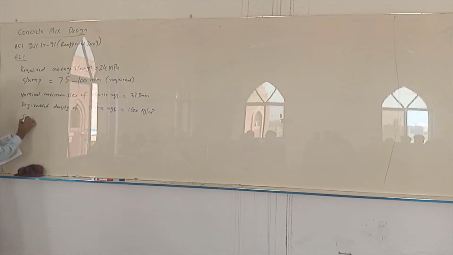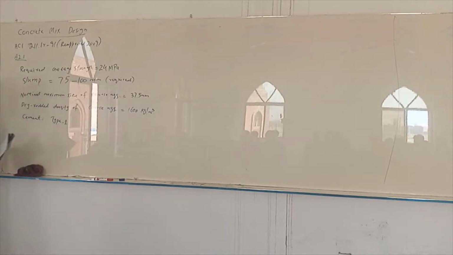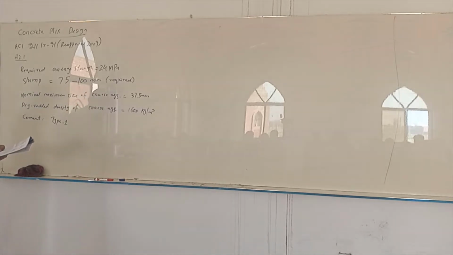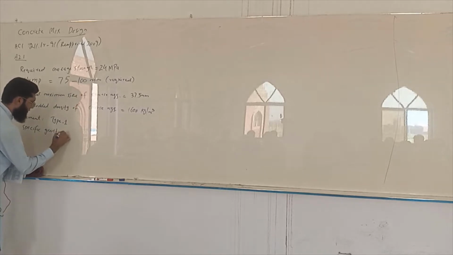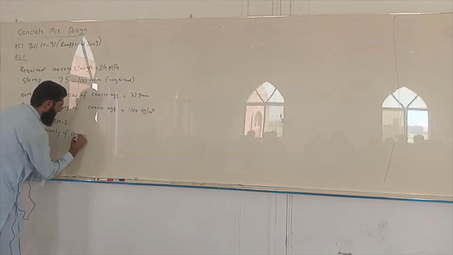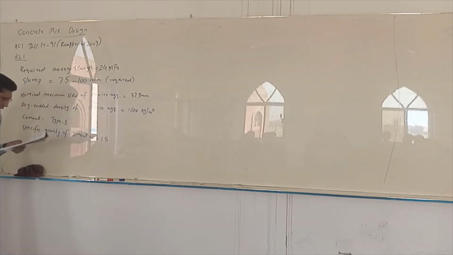So the cement that we're going to use is a type 1 cement, which means it's an ordinary Portland cement, OPC. Specific gravity of the cement is 3.15.